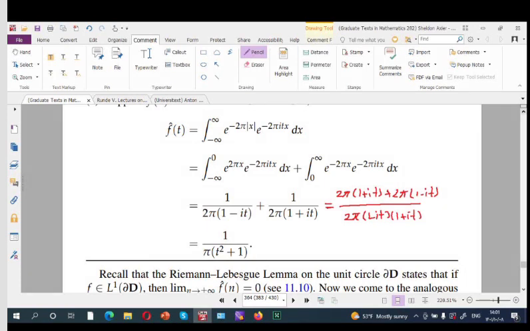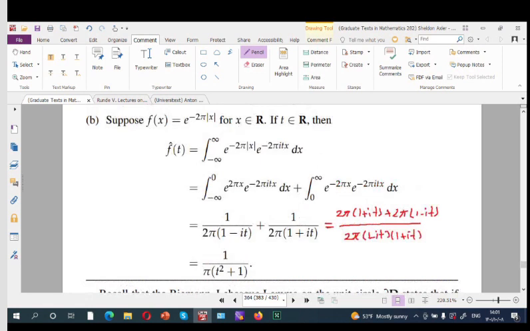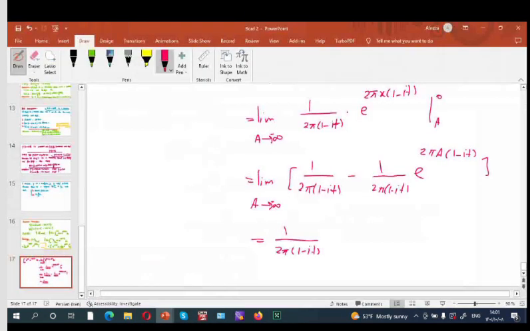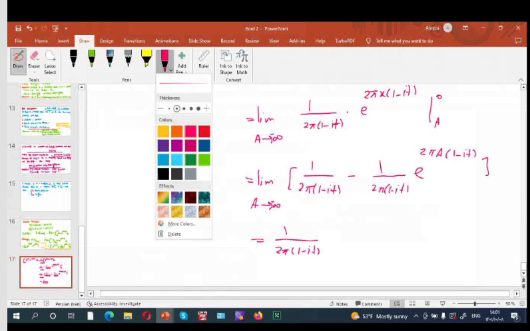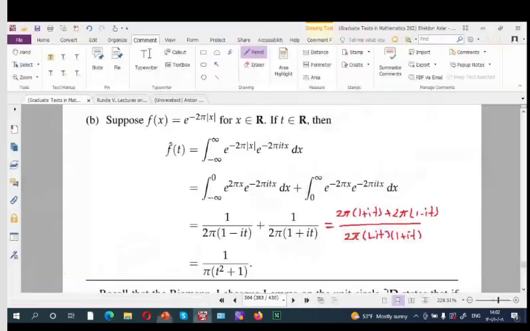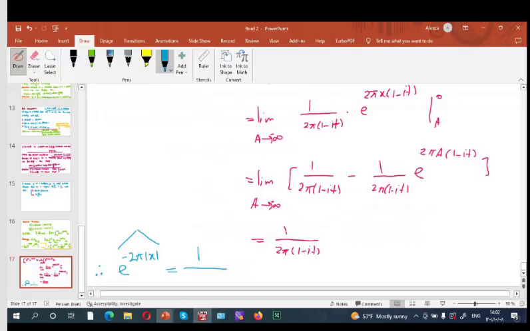Or we can write, for example, we have this conclusion. This equals this, t squared plus 1.